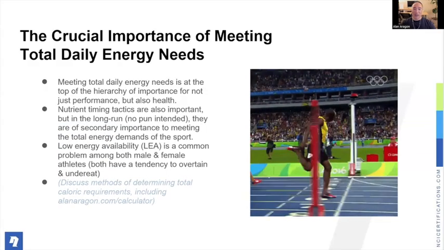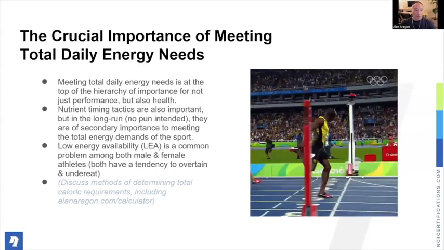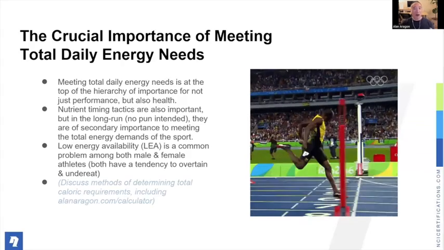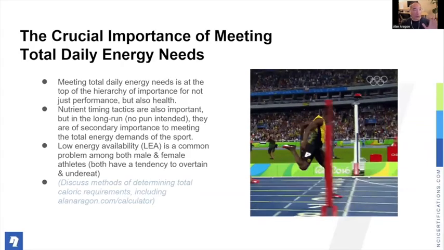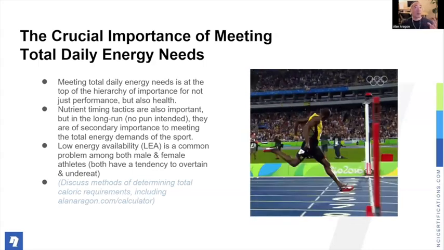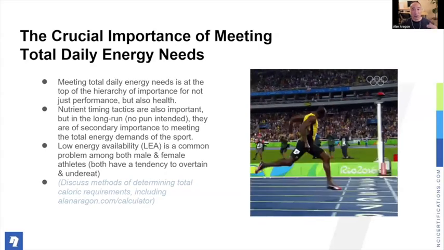So when we're talking about how to arrive at total caloric requirements, there are a number of ways that you can do that. In Module 4, which is the fat loss programming module, I went through the specifics of using my calculator at alanaragon.com/diet calculator.